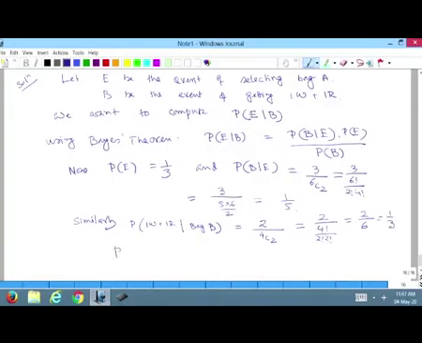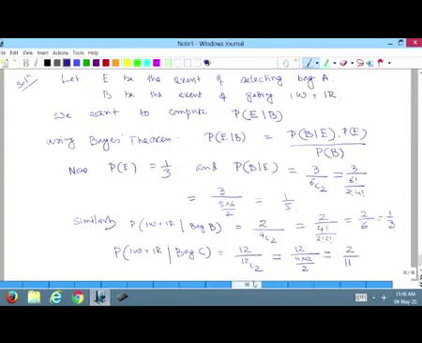And probability of 1 white plus 1 red given bag C is equal to 12 upon 12C2, which is equal to 12 upon (11 into 12 by 2), which is equal to 2 upon 11.